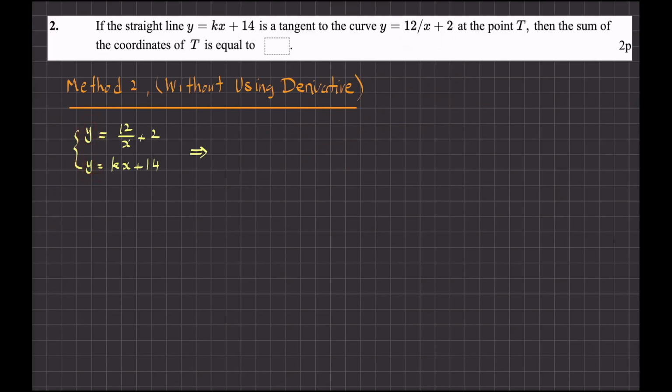So you write kx plus 14 is equal to 12 over x plus 2, and then you multiply everything by x, so it becomes kx squared plus 14x equals 12 plus 2x. And then because this is a quadratic equation, you move everything to the left, so it becomes kx squared plus 14x minus 2x becomes 12x, and then 12 to the left becomes minus 12 equals 0.